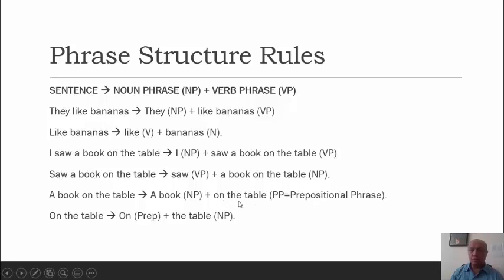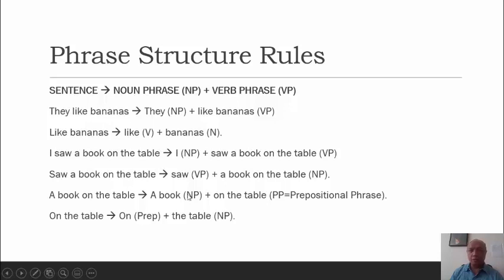Remember that a preposition is a word followed by a noun. So you have on here as the preposition. And on the table can still be broken down further into on as the preposition and the table as the noun phrase.